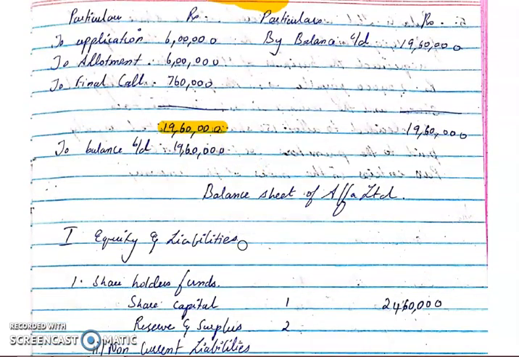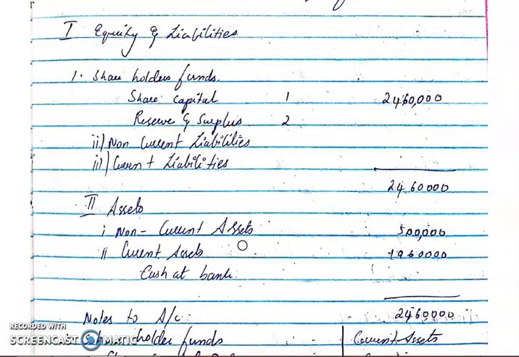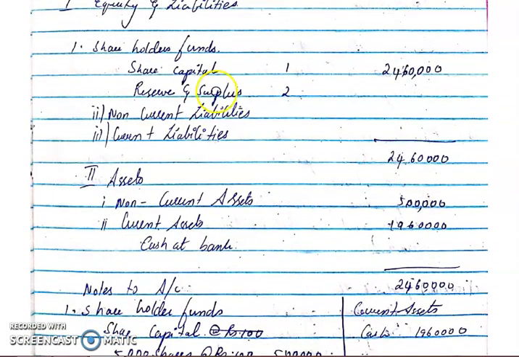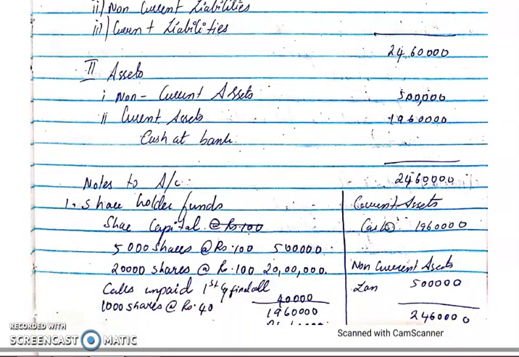So this is the balance carried forward, which you will show in the balance sheet. So the balance sheet, I have shown it here in the new format. It will be in equity and liabilities. So you can see share capital, reserves and surplus, assets, which we have already found out. I have also mentioned the notes to accounts. So this 5,000 will be for the acquisition of land, 20,000 will be for this. Subtract the calls in arrears, you will be getting 19,60,000.